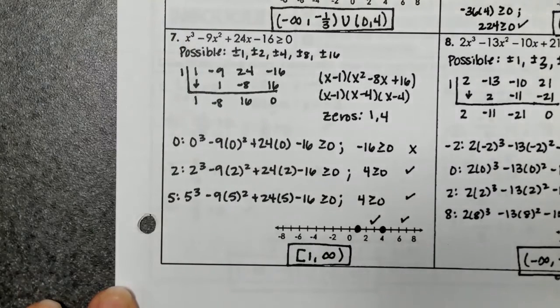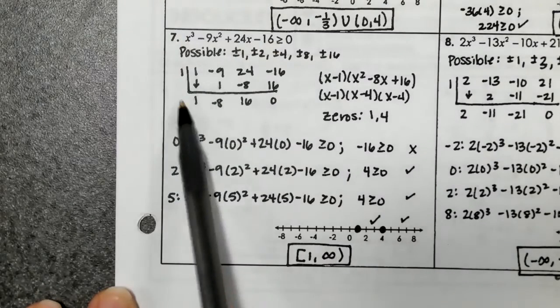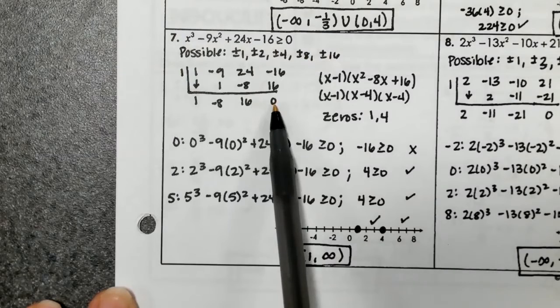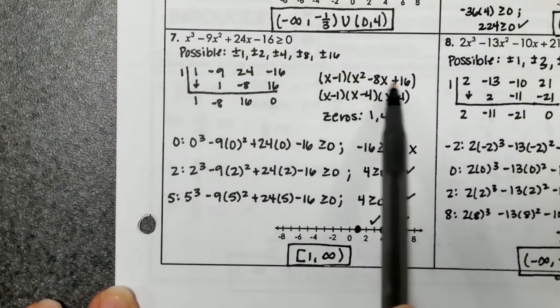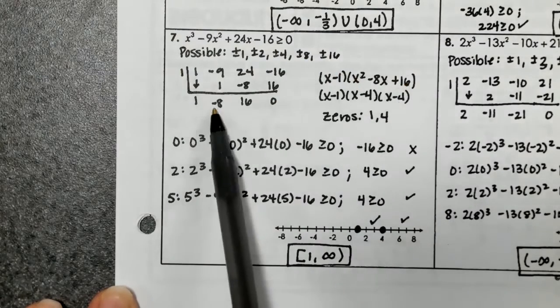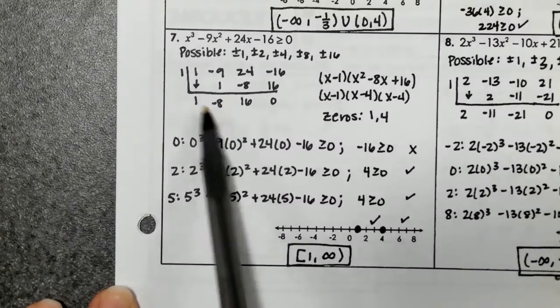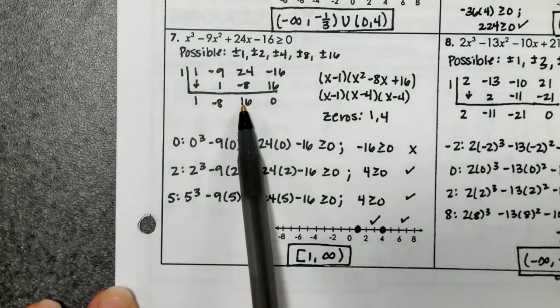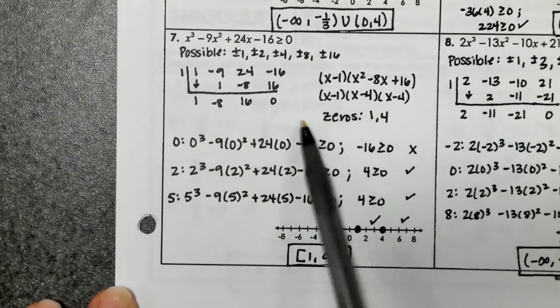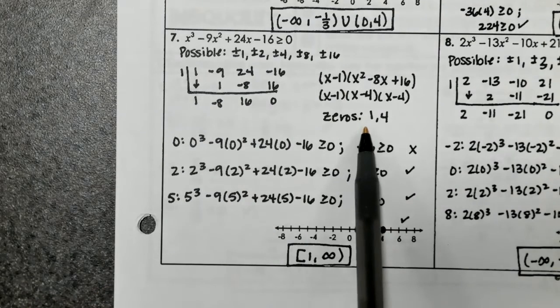Remember all that? Then you can choose one of them and use synthetic division. And if you get 0, that's a factor. So x minus 1 would be a factor. Then all you have to do is factor what's left for x squared minus 8x plus 16. So that's one way to solve this one, and then to find your zeros to be +4 and 1.